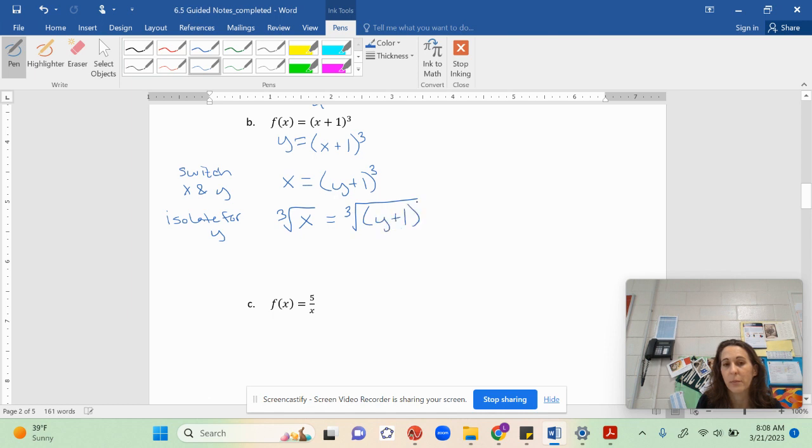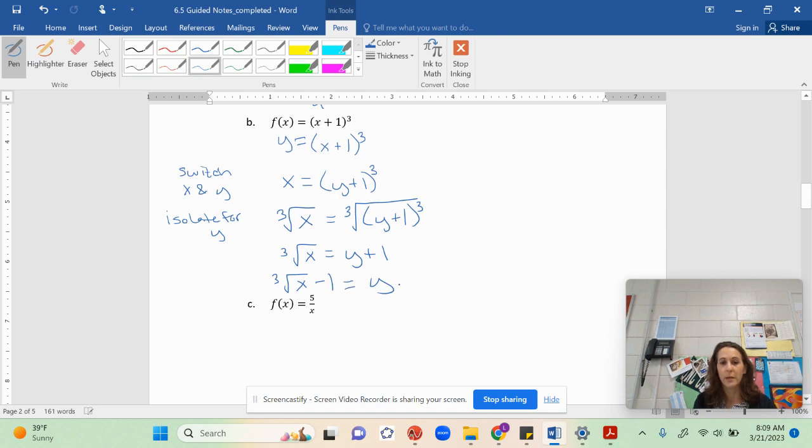And the cube root of y plus 1 cubed is just y plus 1. So we have the cube root of x is equal to y plus 1. Now we want to isolate for y, so subtract 1 from both sides. So we have the cube root of x, minus 1, is equal to y.